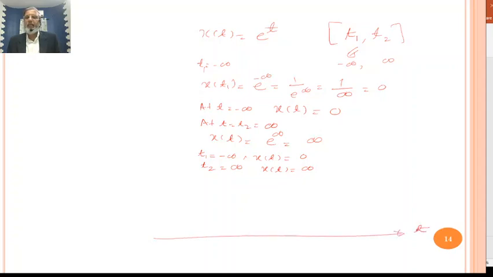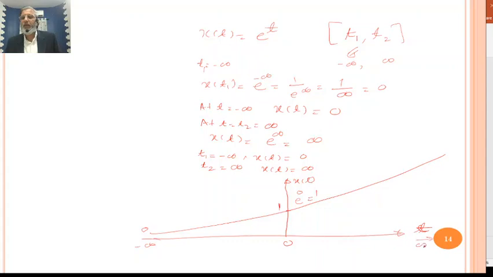This is time t, the independent variable, and this is the signal x(t). At t equal to 0, this is e raised to 0, and e raised to 0 is 1, means here this amplitude is 1. At t equal to minus infinity, the amplitude becomes 0, and at t equal to infinity, this magnitude is infinity.